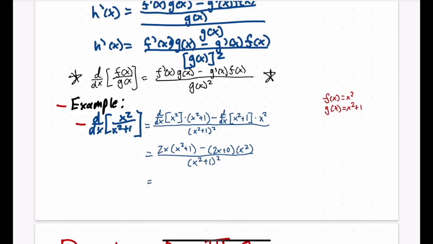So if we make the top 2x cubed plus 2x minus 2x cubed, right?